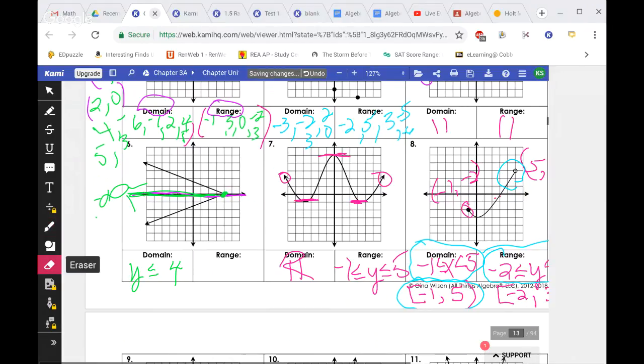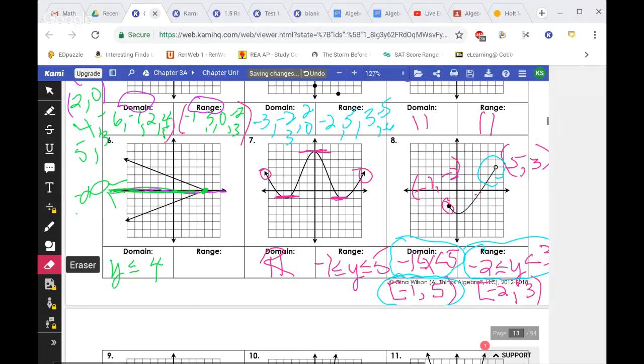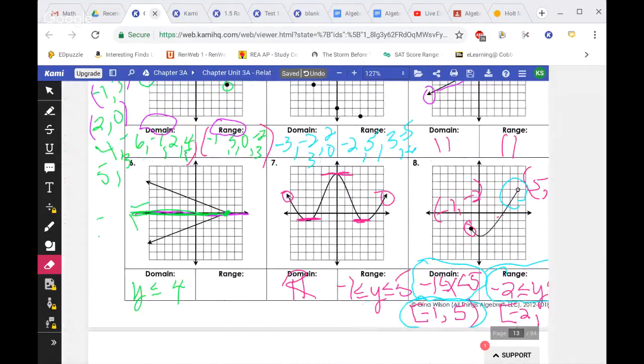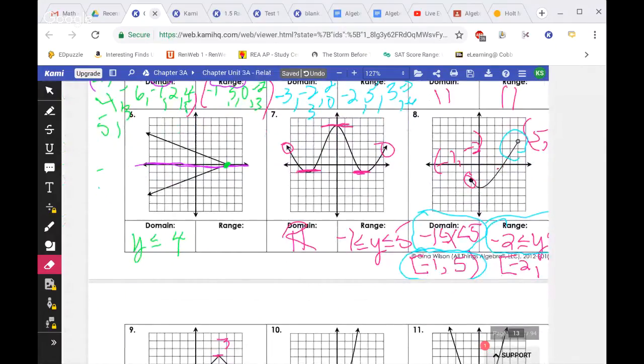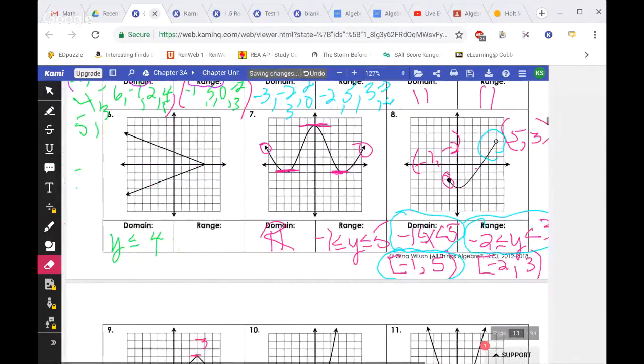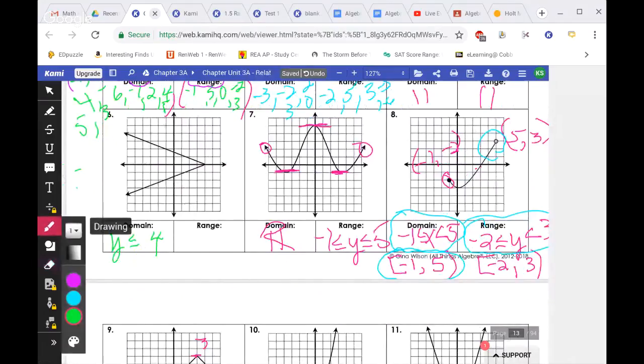Okay? Now, for the range, that's going to be what is this graph going to do up and down, like what is it doing with regard to this axis right here? We only have a small picture of something that's going on globally into infinity. This actually is going to continue forever and ever in this direction, positively into infinity.